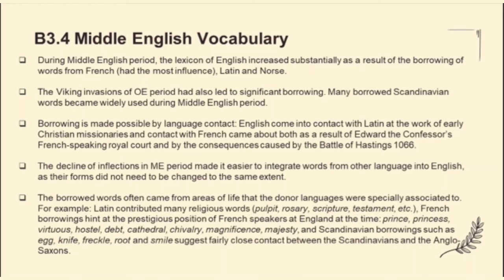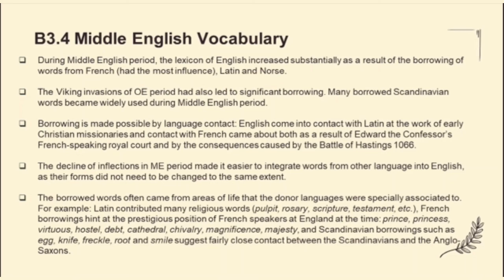Borrowing is made possible by language contact. In this case, English came into contact with Latin through the work of early Christian missionaries, and contact with French came about both as a result of Edward the Confessor's French-speaking royal court and by the consequences of the Battle of Hastings in 1066.